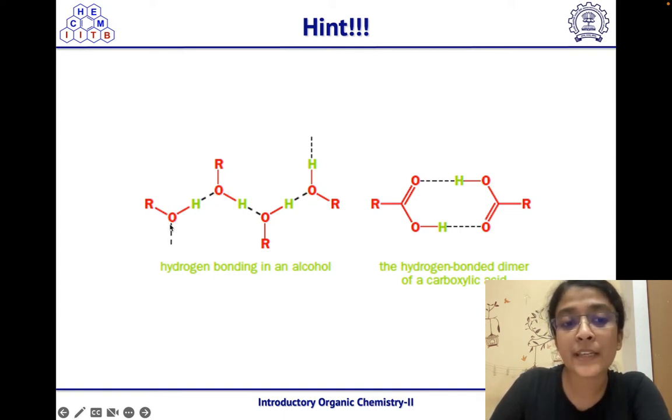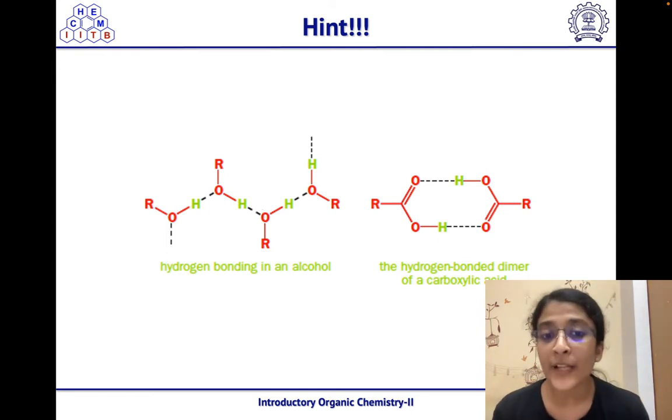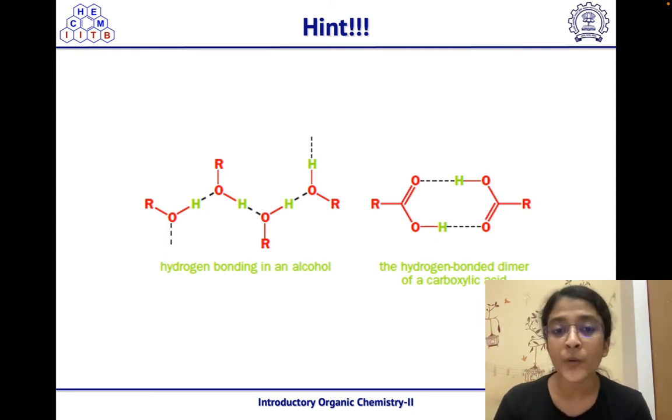As we can see here, this alcohol molecule as well as carboxylic acid can form intermolecular hydrogen bonding, and this intermolecular hydrogen bonding will account for around 10 kilocalorie per mole of energy.